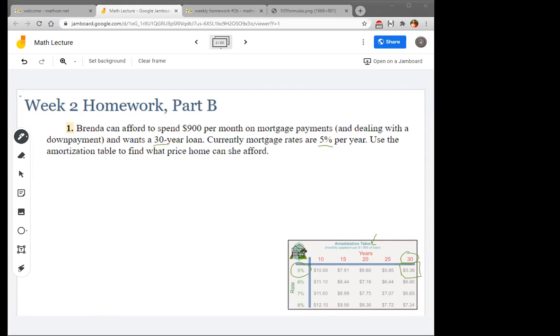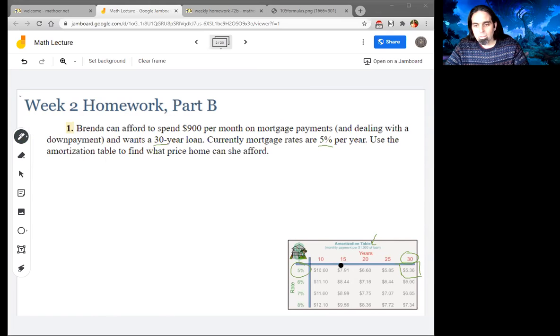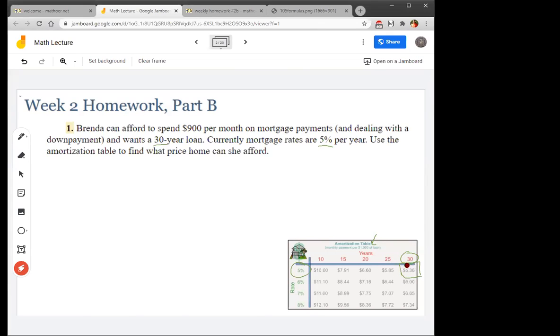Are we using the decreasing annuity? I don't know that word formula. I'm just wondering, how many times does $5.36 fit into her $900?